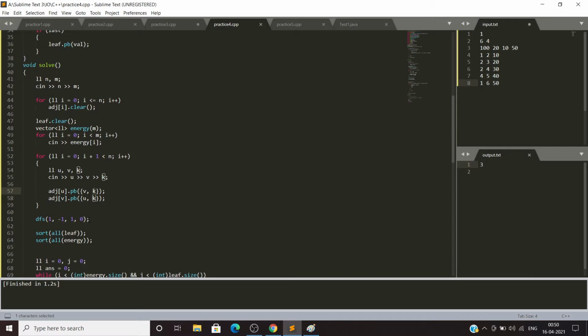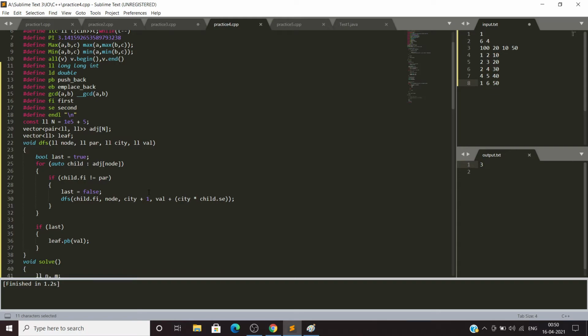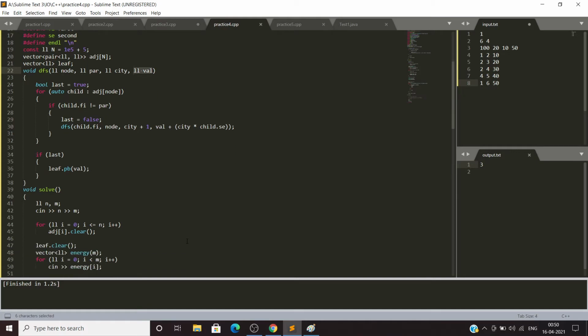So we are just doing the DFS with root 1 and minus 1 as the parent, 1 and 0. 1 and 0 is the city number that we have, the distinct cities that we have visited, and value is the energy required.